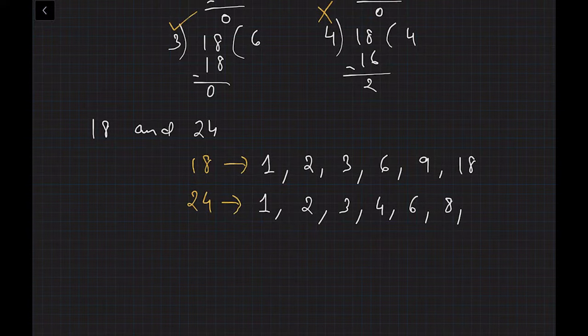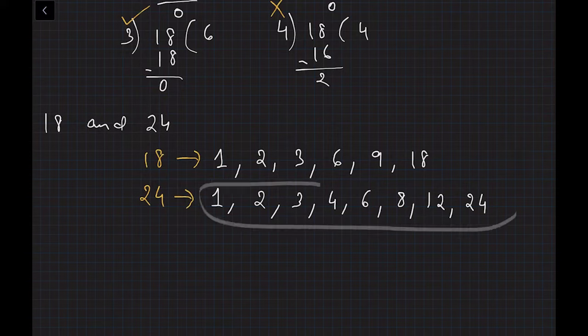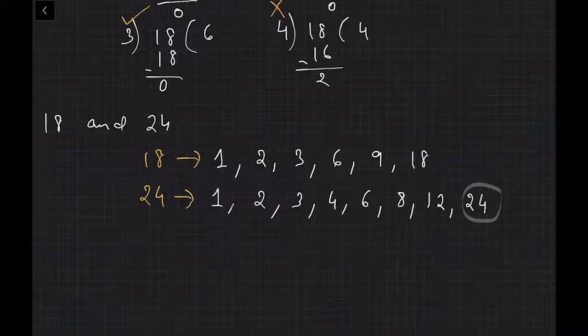Then 9 doesn't divide, 10 doesn't divide, 11 doesn't divide, 12 divides because 12 twos are 24, and the number 24 itself divides 24. Now these are the factors of the number 24. So starting with 1, we have arranged all the factors in ascending order. Now if you notice, 1 will always be a factor of any number and the number itself will be a factor of the number.